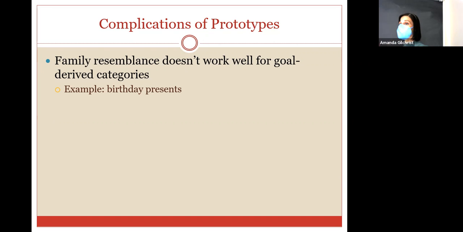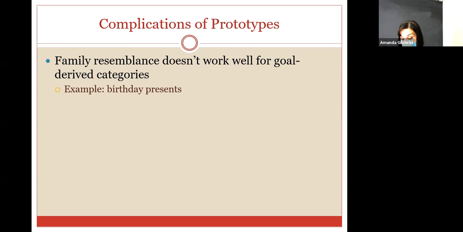Sometimes yes, sometimes no. But my whole point is that birthday presents are designed to make the person who's getting them happy, so it's a lot harder for us to actually find a prototype. This comes from work by Barsalou back in 1985.